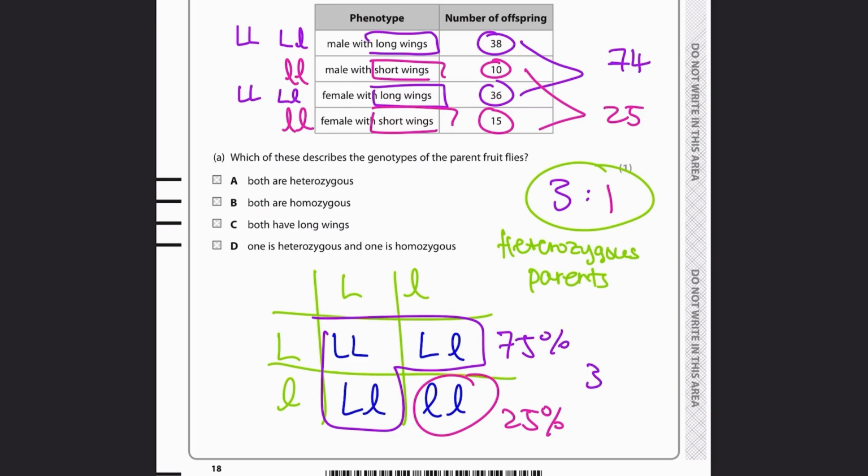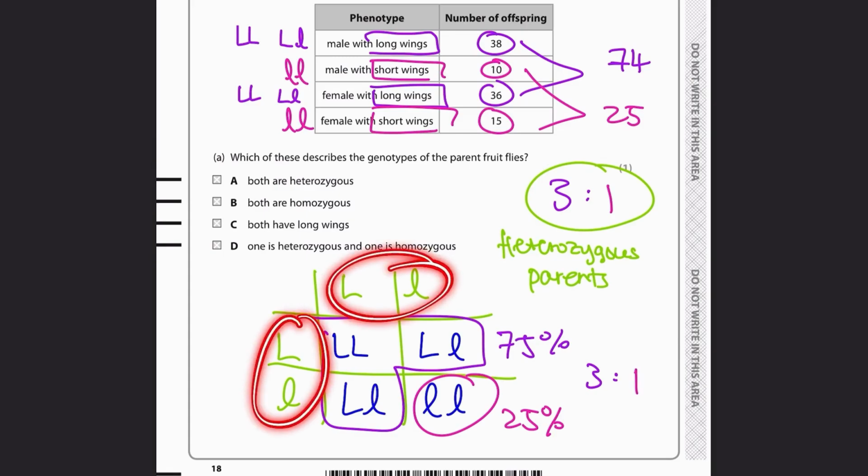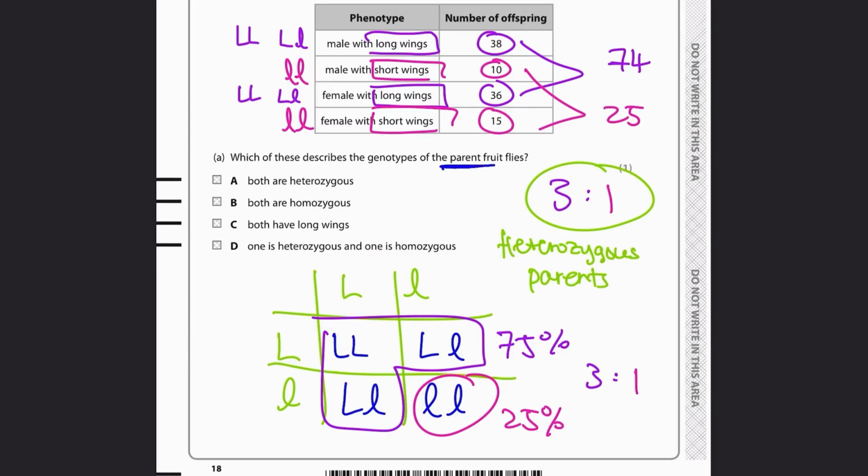That is a 3-to-1 ratio, and that only happens when both parents are heterozygous, meaning one big, one small letter. Therefore the answer is that the parent fruit flies are heterozygous, both of them. So recognize this very important ratio. Great question, right?